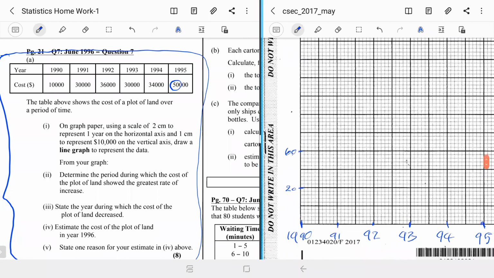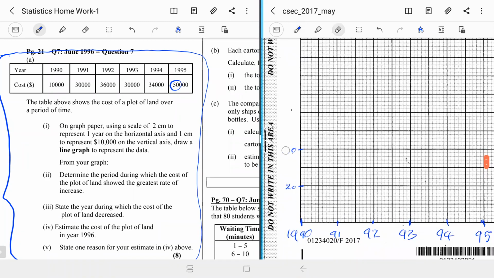Following the instructions, they said 1 centimeter is 10, so this will be 10, 20, 30, 40, 50. They did say 1 centimeter to 10, so basically that is it.